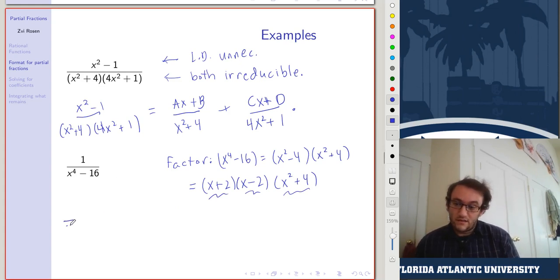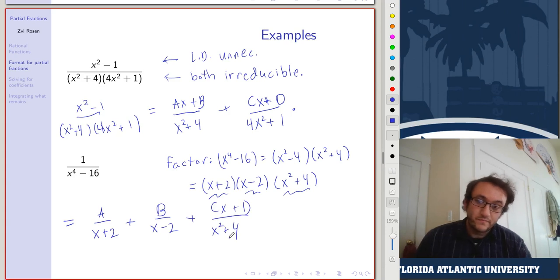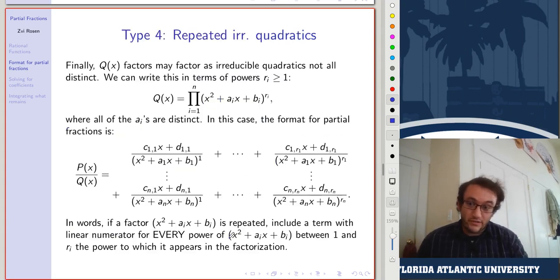So this is A divided by x plus 2, you get a constant over this linear term, plus a constant over the other linear term, plus the linear term Cx plus D divided by x squared plus 4. Okay, and that's for the distinct irreducible quadratics.